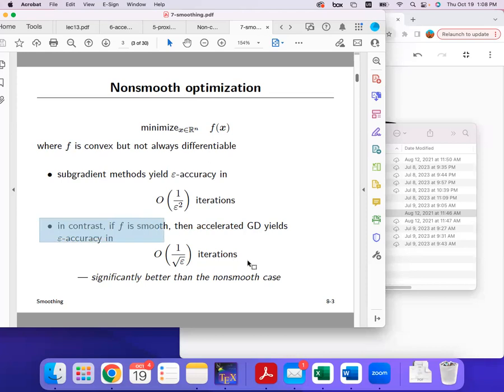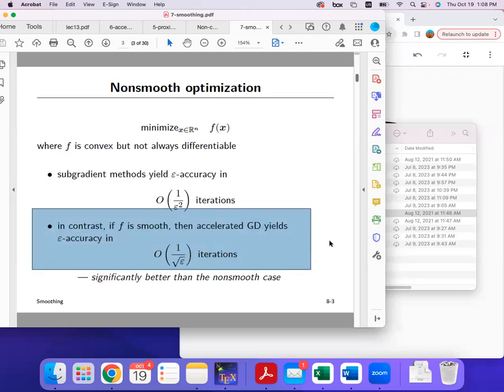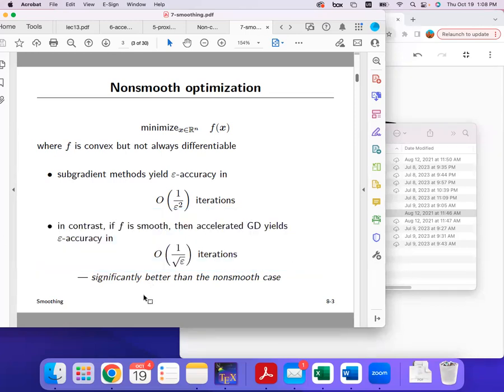The second one is much faster. The complexity is much lower compared with the subgradient method. Therefore, we can see that optimizing smooth functions is significantly better than optimizing non-smooth problems using subgradient.